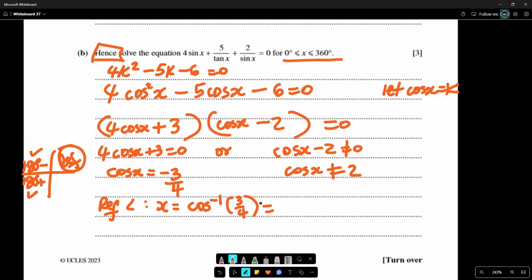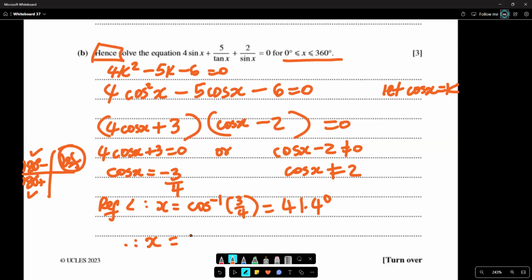And when we press that on our calculator, it gives us 41.4 degrees. Remember, you always round off to 1 decimal place for angles. Right? And then, therefore, you can see that if you say 180 minus this, you are going to get how much?